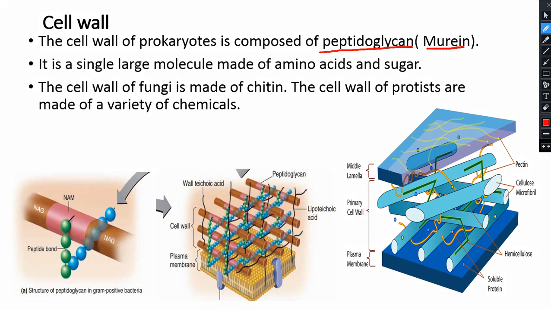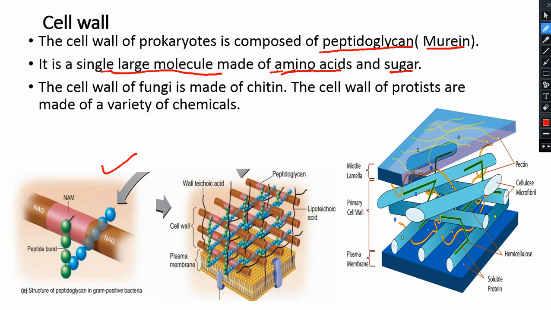Peptidoglycan is a large molecule made from amino acids and sugar. Now remember, amino acids are the building blocks of protein. The whole protein is made from amino acids, so they are the structural part of the protein. If you look at the molecule of peptidoglycan, it looks like this.